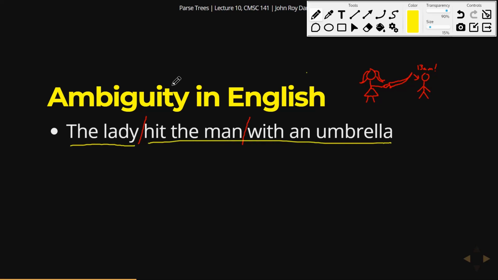So another interpretation could be there's a lady here, right? And there's a man with an umbrella. So the man is carrying the umbrella this time. Okay, and she hit this man. So bam. Okay, so she hit that man. So it's ambiguous, right? So let's see another example.